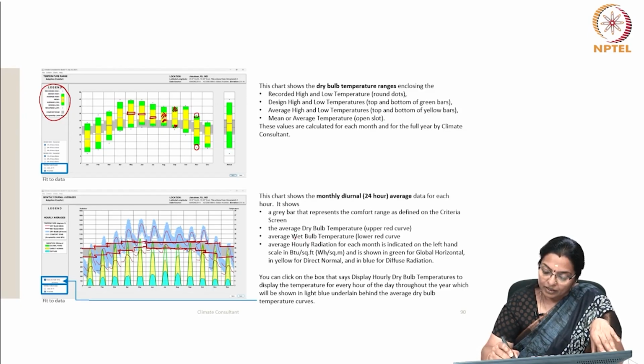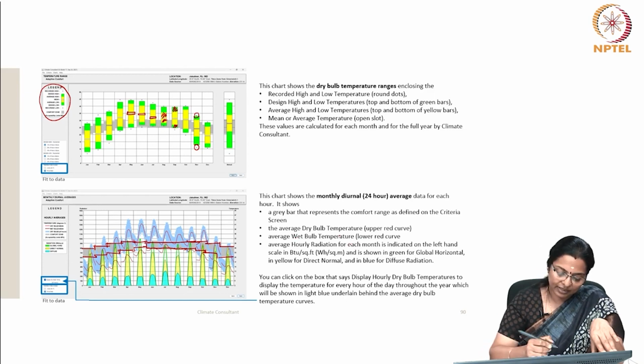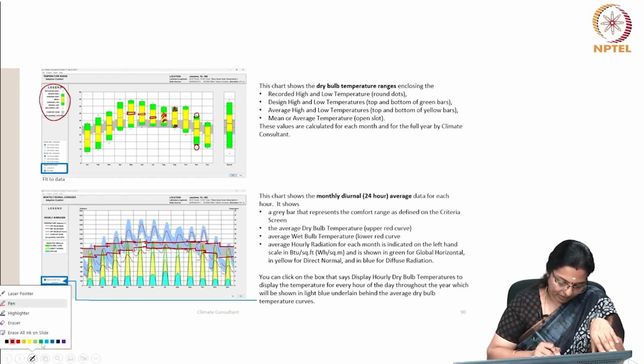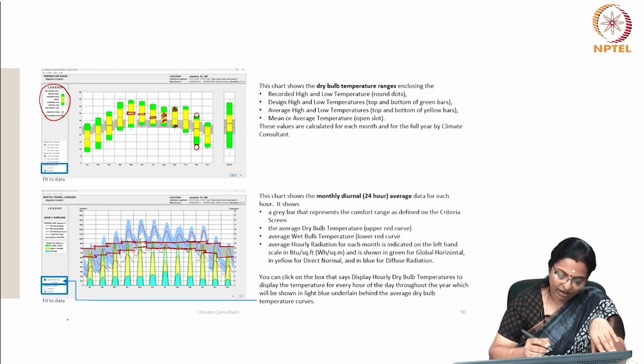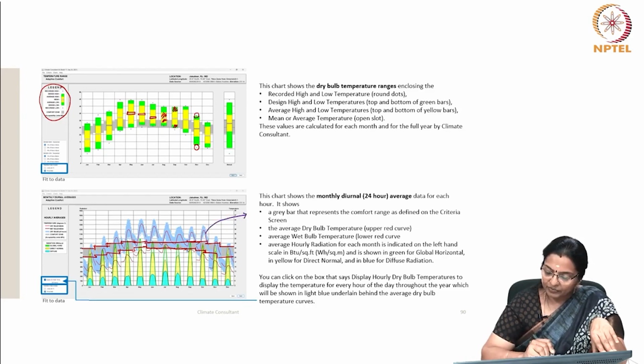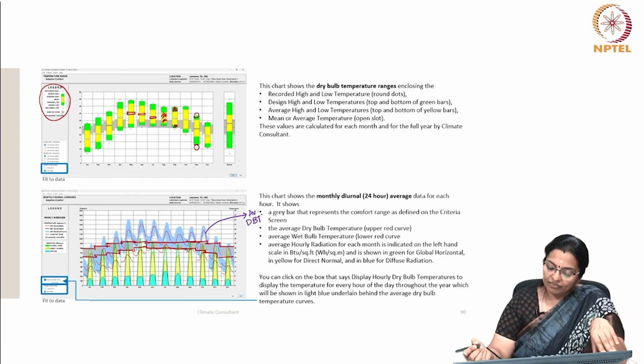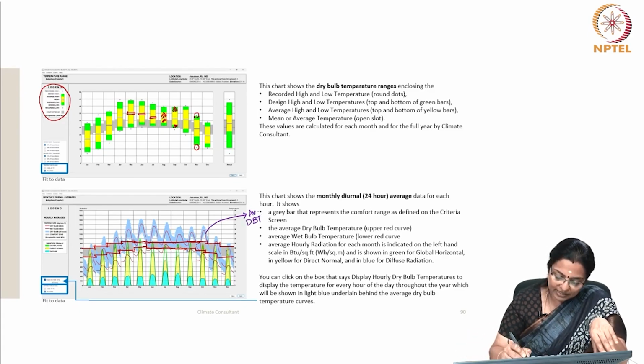Then the average dry bulb temperature is shown by the upper red curve. Now, since it's an upper red curve, I am changing the color to violet. So, this upper red curve shows the average dry bulb temperature. The average wet bulb temperature is this curve, the lower curve. Average WBT.